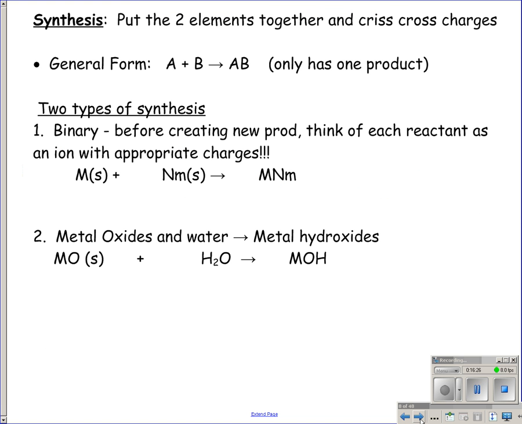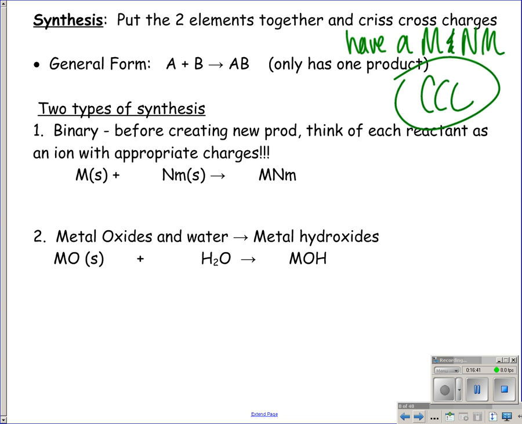All right, so synthesis. Just told you, smushing two elements together. However, if you have ions, or if you have a metal and a non-metal being smushed together, you must crisscross charges. CCC means crisscross charges. Do not forget that when you're making ionic compounds, you still got to find out what ion with this one, what ion with this one, and then I got to crisscross those charges.